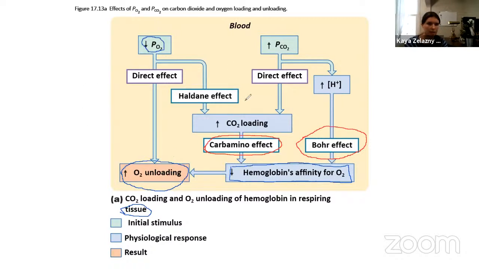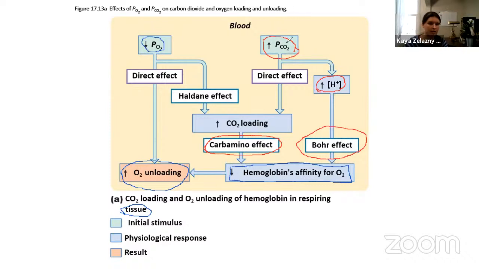We can see that both of these are at least in part due to high amounts of carbon dioxide. We've seen that carbon dioxide can, in two steps, be converted into hydrogen ions and bicarbonate ions. So it does increase our hydrogen ions, which lowers our pH, making it more acidic, lowering hemoglobin's affinity for oxygen.